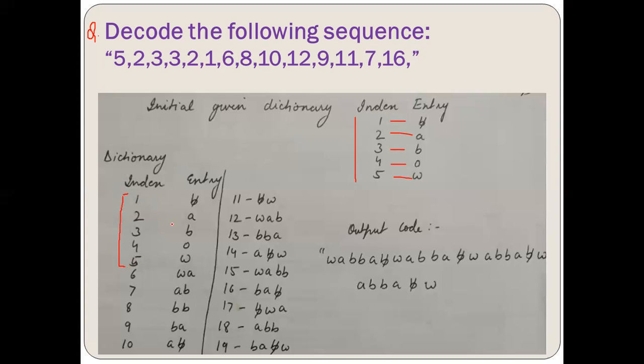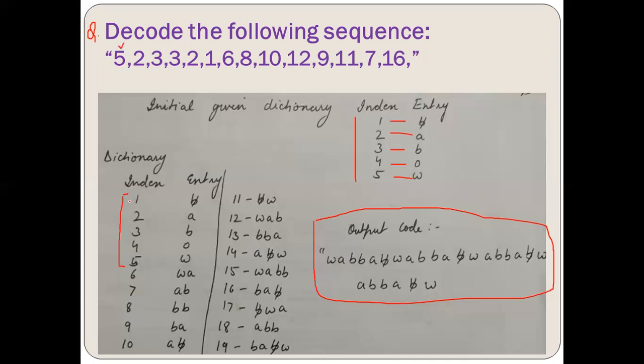Now this is the output. We are going to see how we have achieved this particular output, right? So let's start with this. First thing is we have to start with the codes that are given as the index. First we figure out that this is 5.